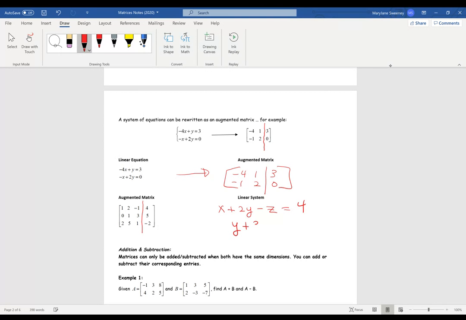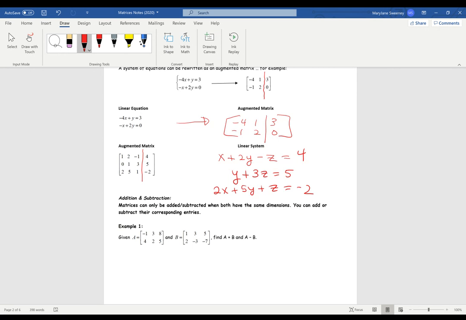So y plus 3z equals 5. And then 2 x's, 5 y's, 1 z equals negative 2. So that's the system of equations that the augmented matrix represents.